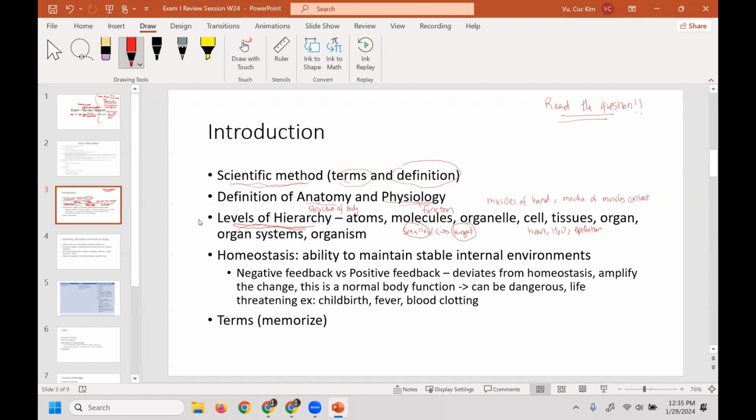What's the smallest? Water, very good, because that's a molecule. Good. What's next? Epithelium, that's right, because it's a tissue. And last, you'd have the heart because that would be an organ.